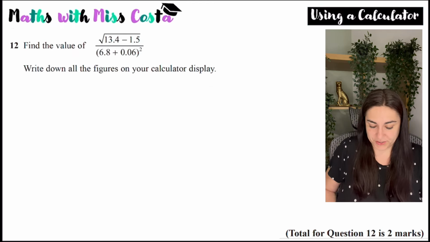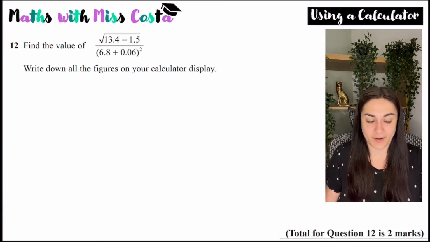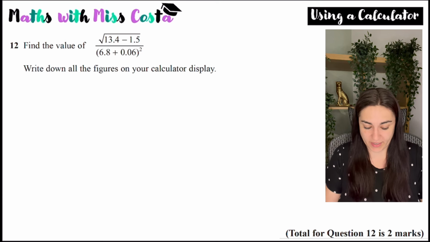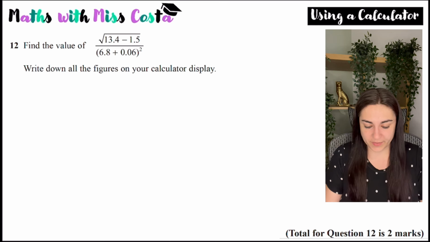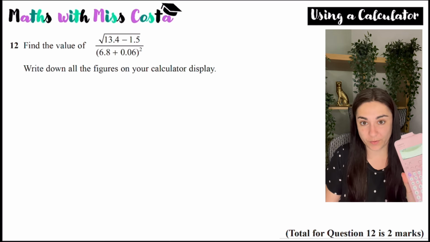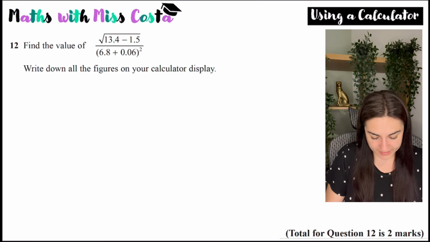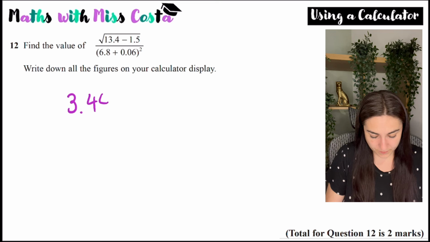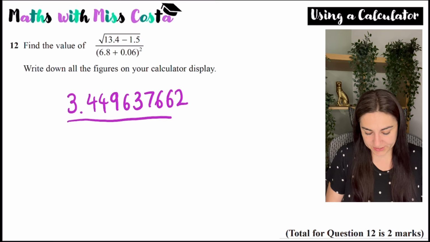Now the next question here, I need to find the value of this, so I type it into my calculator. We could do this bit by bit just to make sure that we don't get anything wrong. So let's work out the numerator first. So I type in the square root of 13.4, take 1.5, and that gives me 3.449637662.